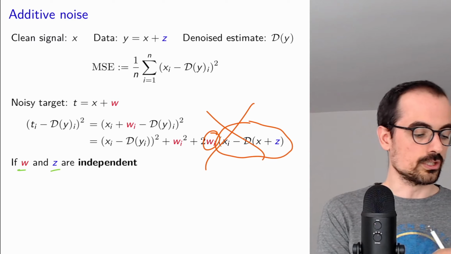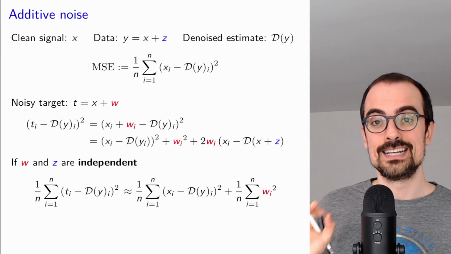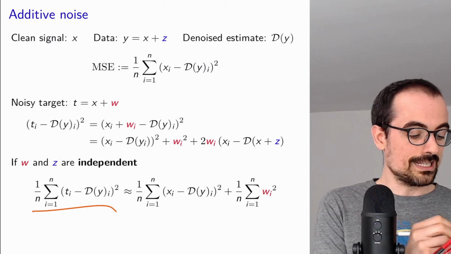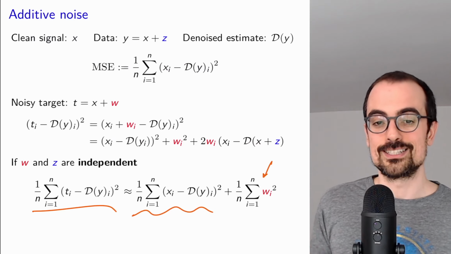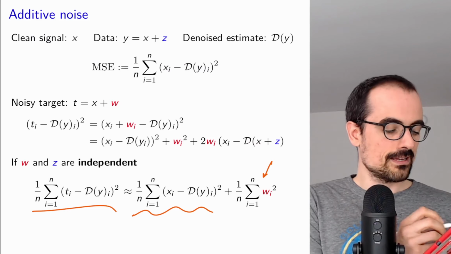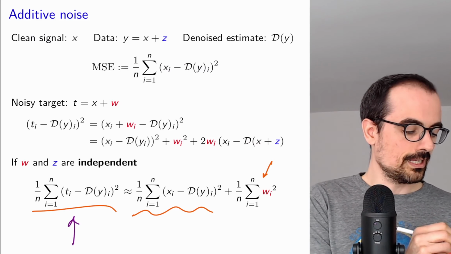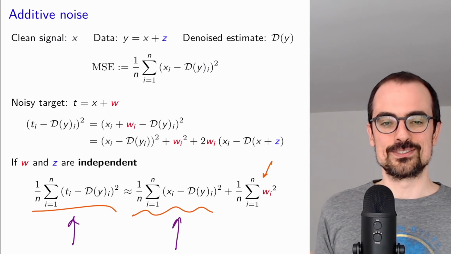And that's amazing, because if that cross term goes away, which again only happens if the noises are independent, and this is very important, then if we minimize this guy, we're essentially minimizing this guy, because you realize that this other term does not depend on the denoiser. So by training the denoiser with these noisy targets, we're actually minimizing the true MSE with respect to the clean signal.